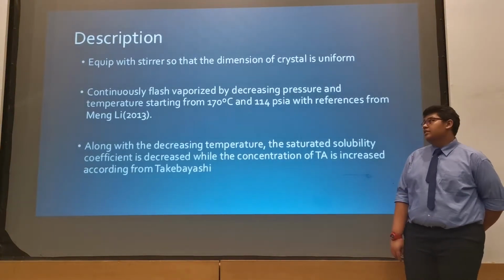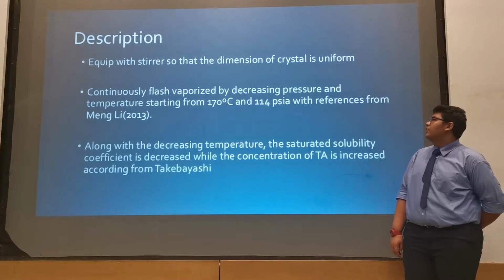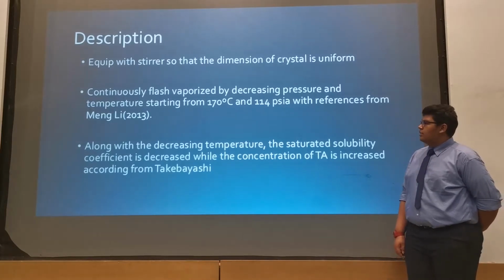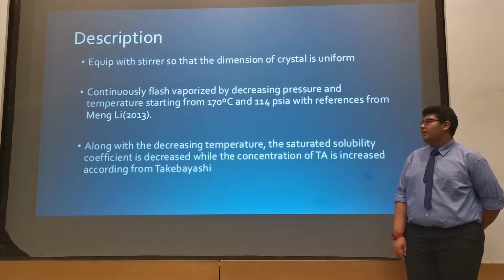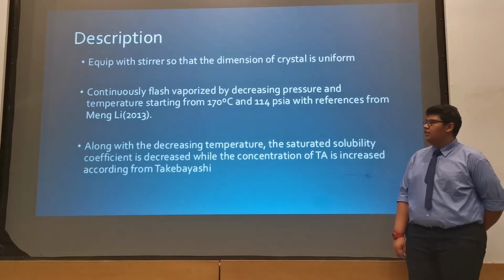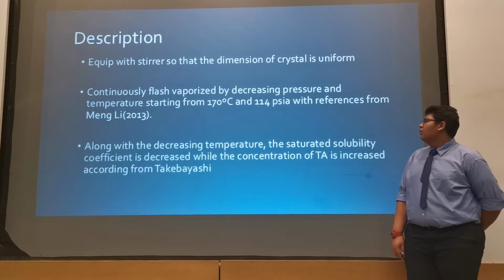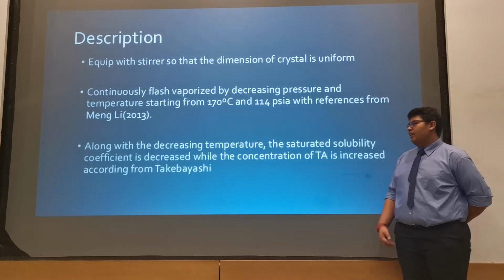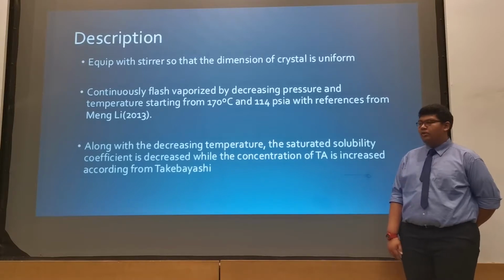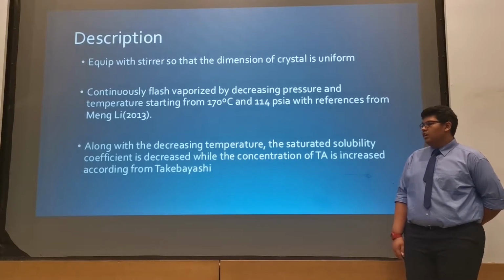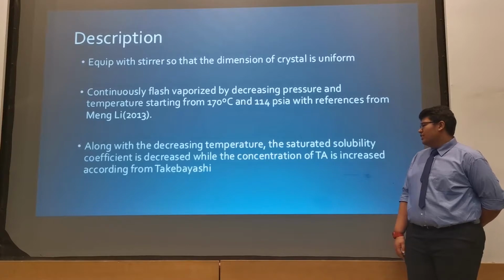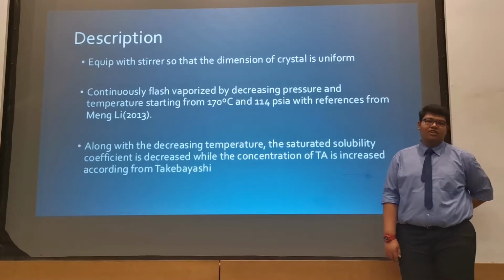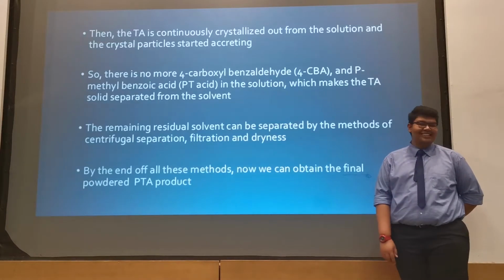It is equipped with a stirrer so that the dimension of the crystals is uniform. It is continuously flash vaporized by decreasing the pressure and temperature, starting from 170 degrees and 114 psi, with reference from Meng Li, 2013. Along with the decreasing temperature, the saturated solubility coefficient decreases, so the concentration of TA is increased, according to Takebayashi.